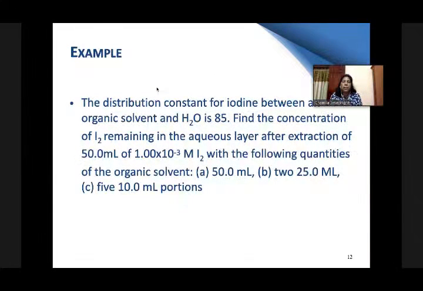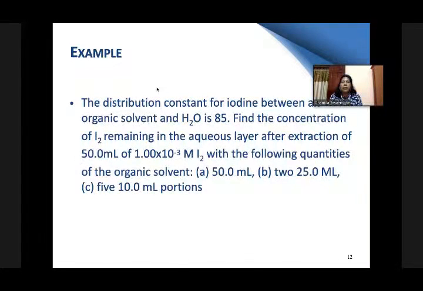Example, I have asked you to note down this example. The distribution constant for iodine between an organic solvent and H2O is 85. So the distribution constant K is 85. Now write down K equal 85.